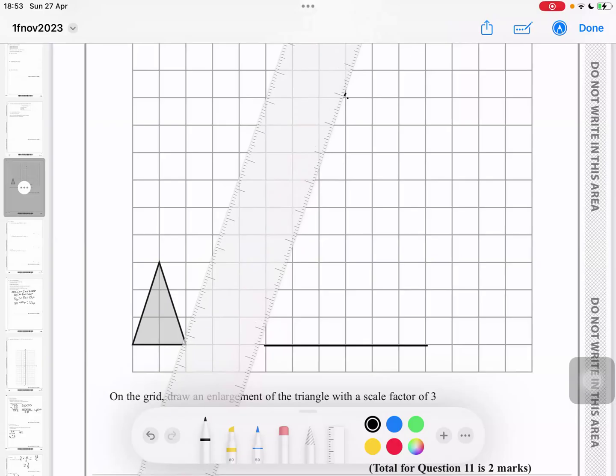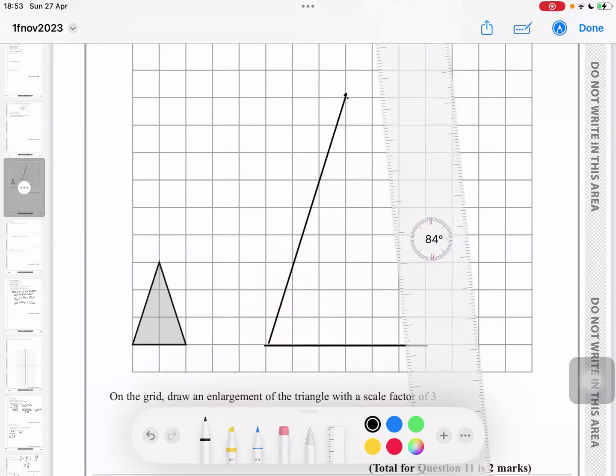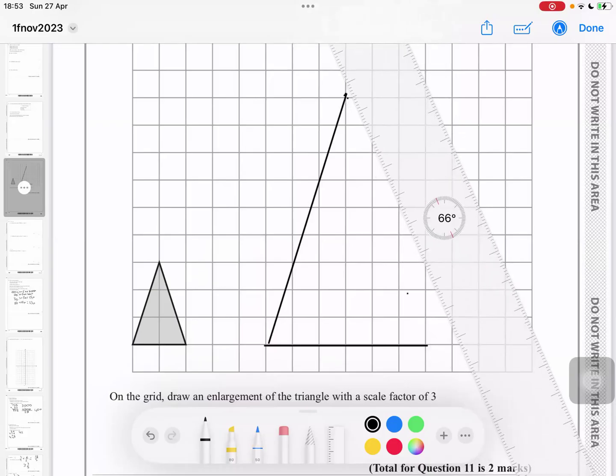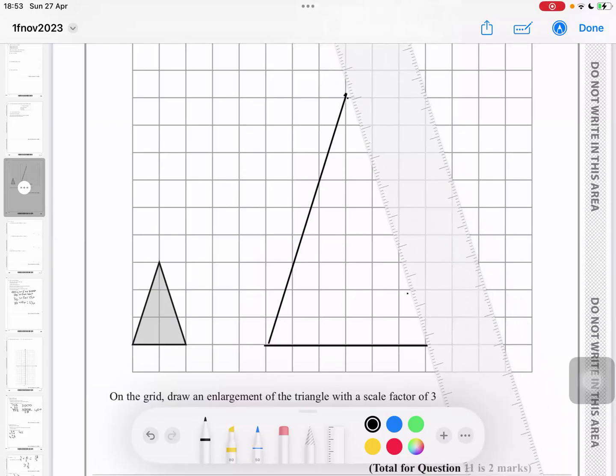You don't want to do the height first. Okay, you've done it. I can see you've done it. I didn't see that mark up there. Okay, I see it. Okay, perfect.